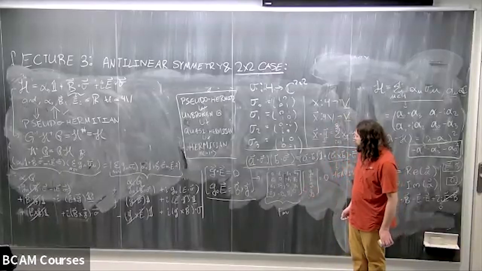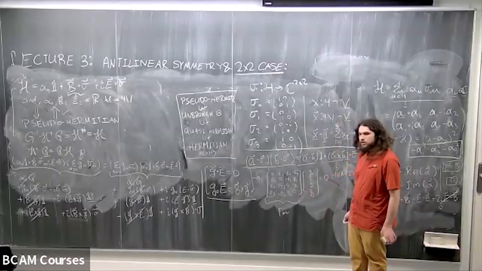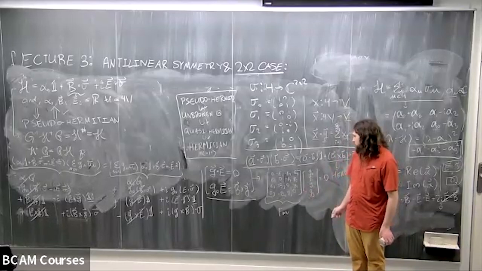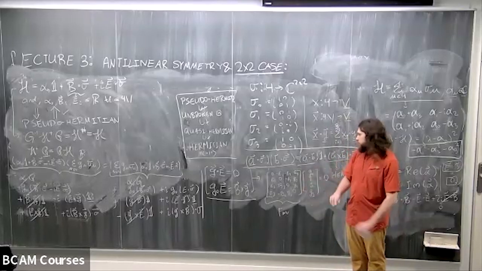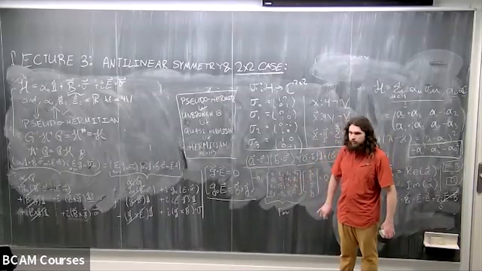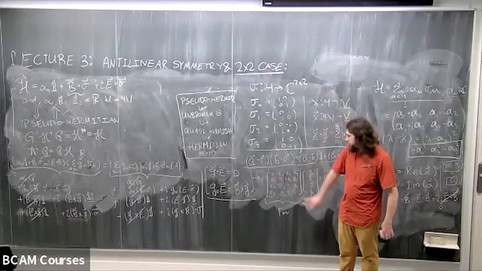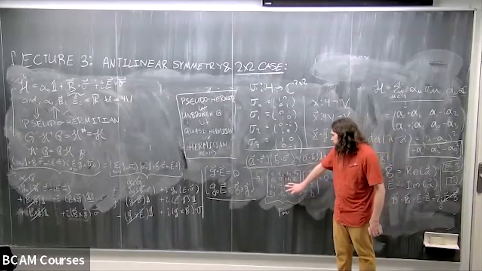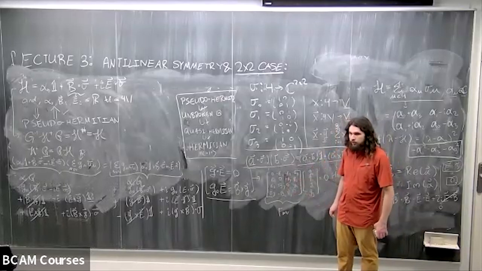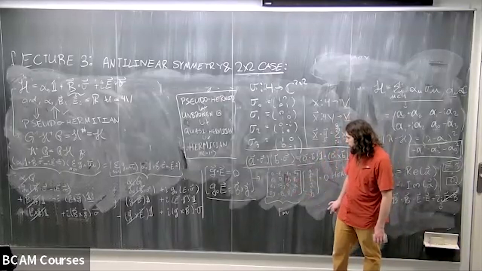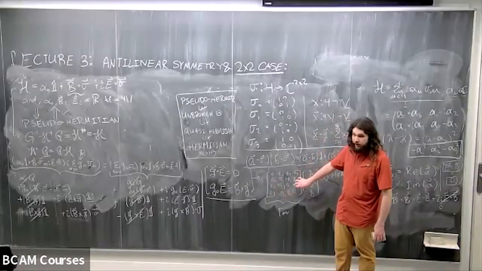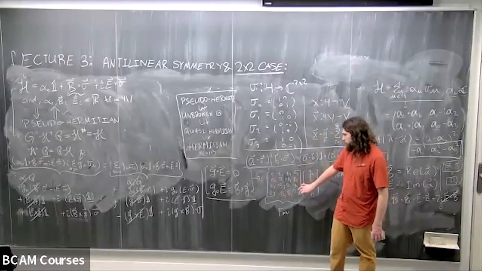Okay, now one immediate thing that you can see is that assuming that the magnetic field vector is non-zero, the kernel has dimension at most 2, because the rank of this thing will have dimension at least 2, because you have at least 2 linearly independent columns if you have a non-zero magnetic vector. Now, if you have a non-zero electric vector, but a 0 magnetic vector, then it's the same story.